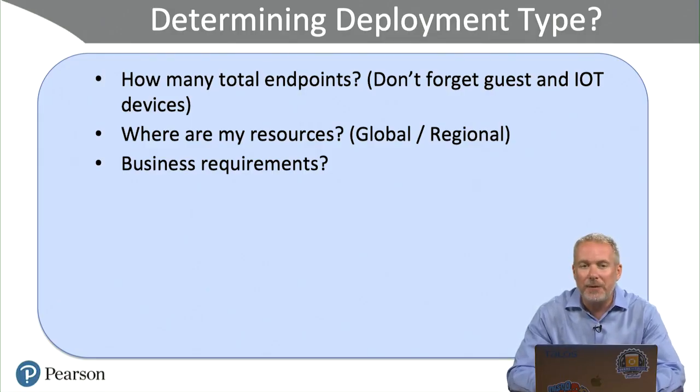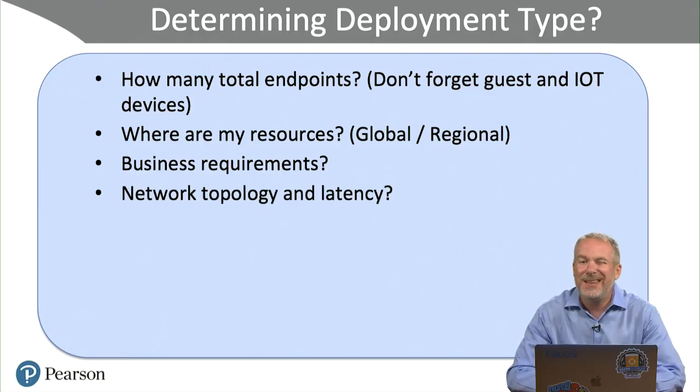Hospitals have a requirement that the system be available even if the external connectivity is out. So what that basically means is I might have to have an ISE cube standalone in each hospital to maintain that. So just keep things like that in mind when you're designing your system. Obviously, the network topology and the latency, those are key things you have to look at with any application, right?